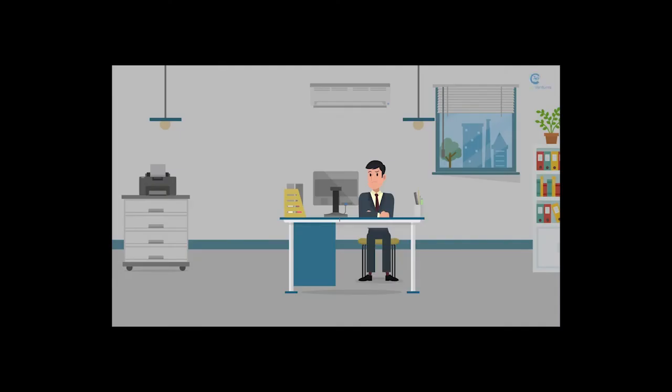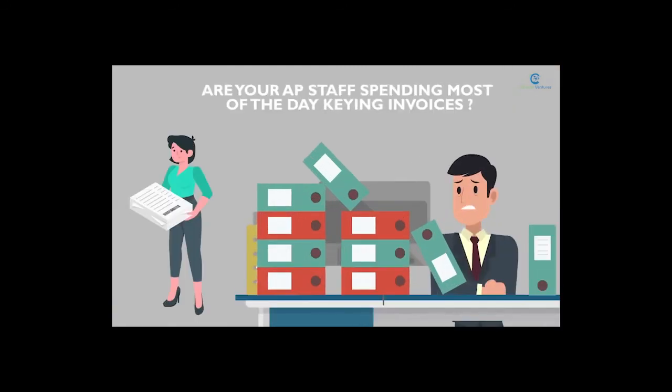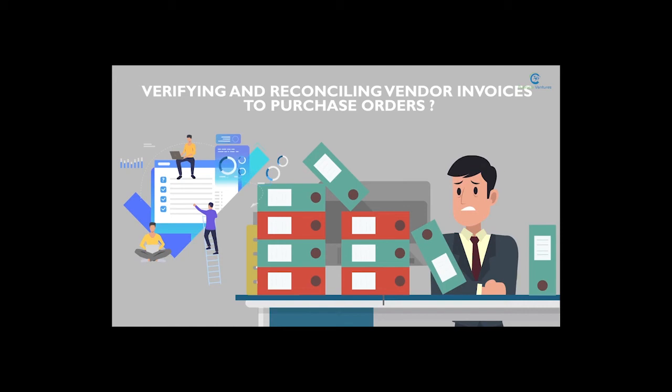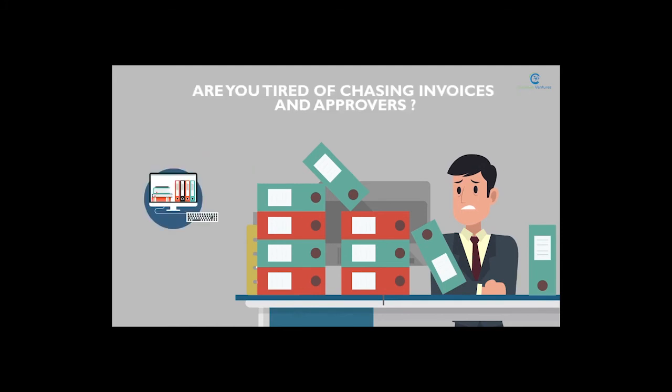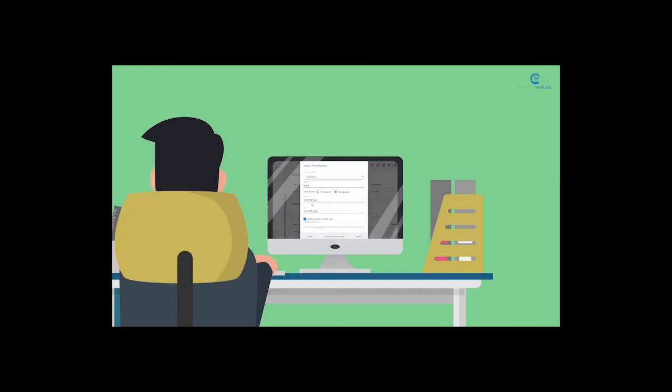With the increasing digital transformation efficiencies, automating accounts payable is a priority for any business. Are you still keying in vendor invoices, verifying and reconciling them to purchase orders? Are you tired of chasing invoices and approvers? Welcome to eDoc 360, Accounts Payable Automation Solution.